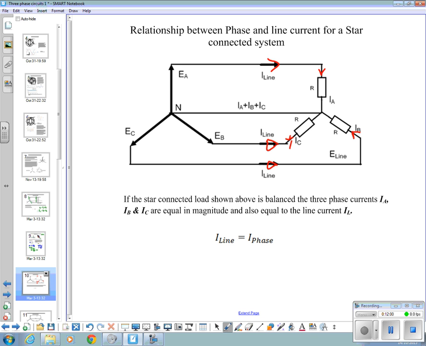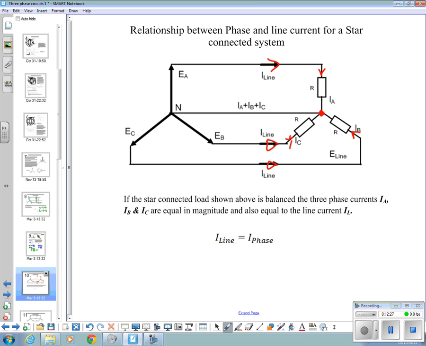Also, if we look at this node here, on a balanced system these currents are equal in their magnitude, or in terms of their maximum value, but they aren't in phase with each other, remember.